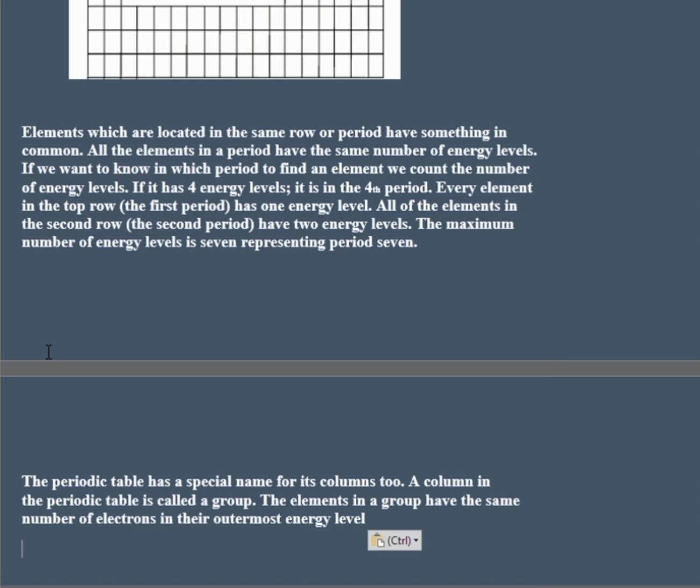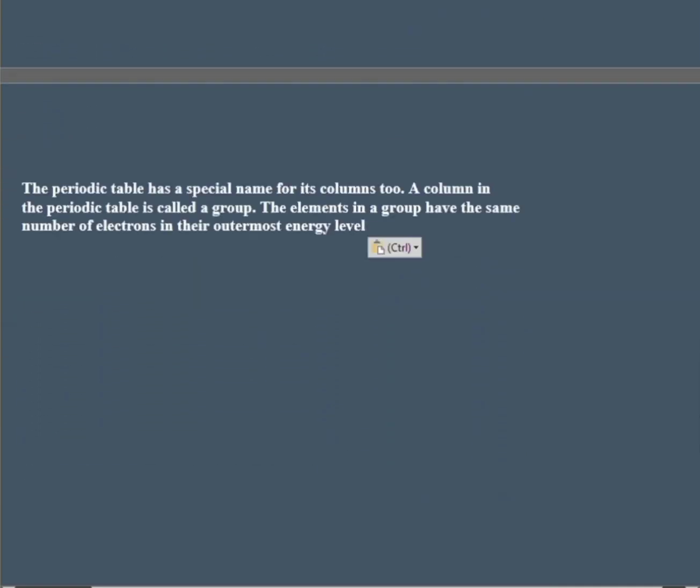The rows in the periodic table are called periods, and all the elements in a period have the same number of energy levels. So if we want to find the period in which an element is, we just count the number of energy levels that element has.